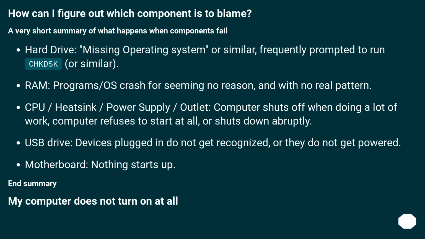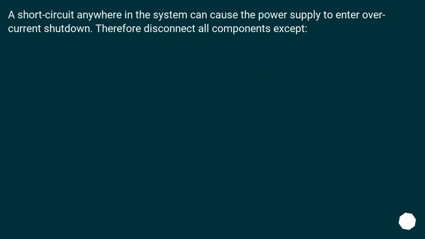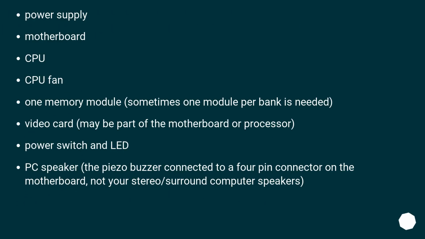My computer does not turn on at all. A short circuit anywhere in the system can cause the power supply to enter overcurrent shutdown. Therefore, disconnect all components except: power supply, motherboard, CPU, CPU fan.